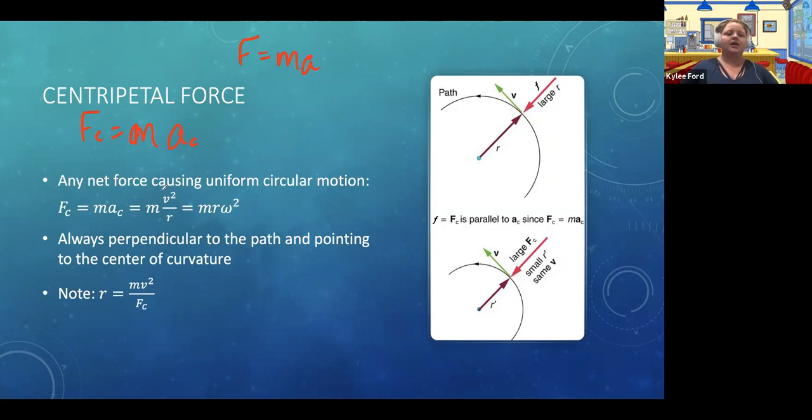Okay, so I can continue from here and plug in my centripetal accelerations to get two different forms depending on what I'm looking for or what I already have. One thing I should point out is that our forces in the past are always in the same direction as our acceleration, because they're linearly related.